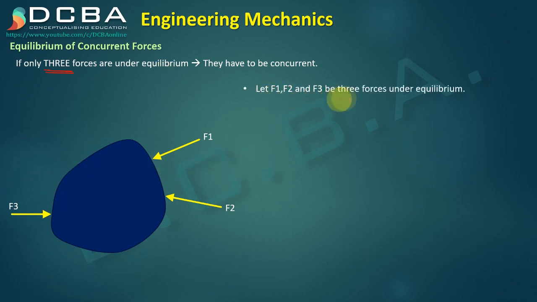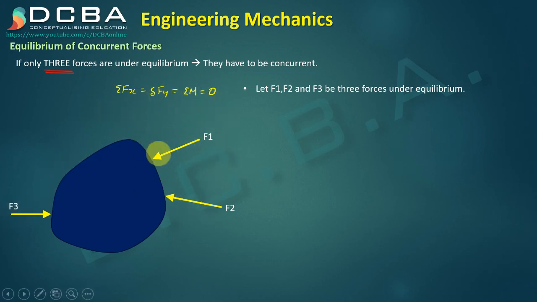Let F1, F2 and F3 be three forces under equilibrium. It means that summation Fx, summation Fy and summation M equal 0. All three conditions have to be met for a particular system to be under equilibrium.